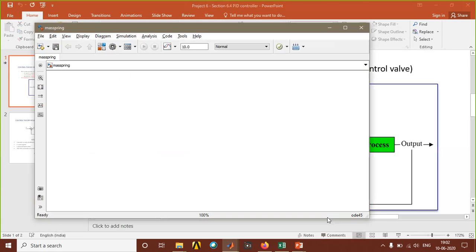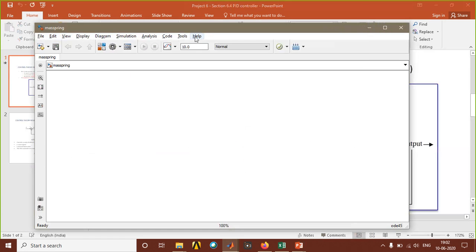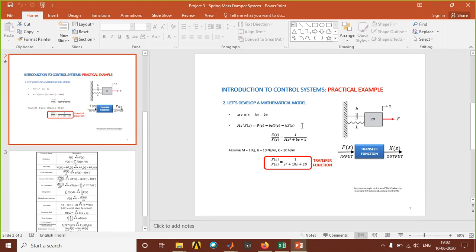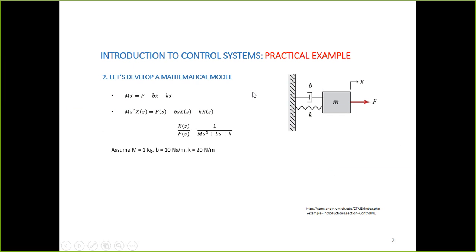Go for mass spring. Any idea what I'm supposed to bring in first? I want inputs from you. What is the first thing I'm supposed to put in my Simulink model? Force.